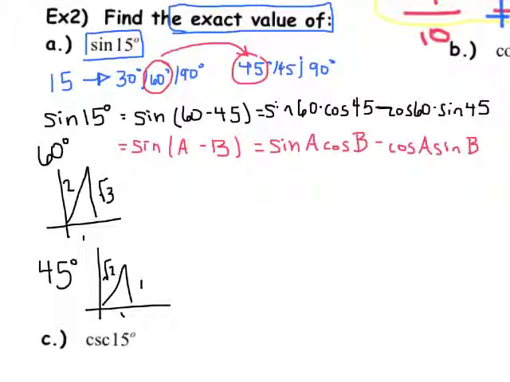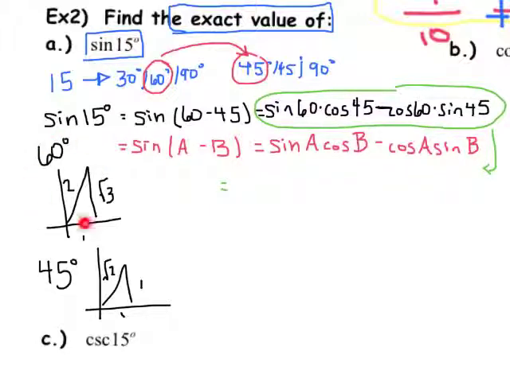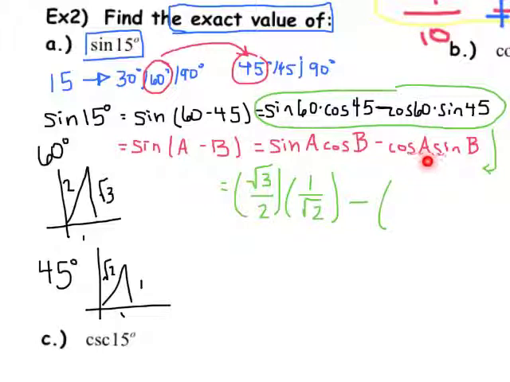All right, so I'm going to take this and evaluate it. So sine of 60: you go to your 60-degree triangle and you do sine of 60, which is opposite over hypotenuse, so root 3 over 2. Cosine of 45 is adjacent over hypotenuse, so 1 over root 2.